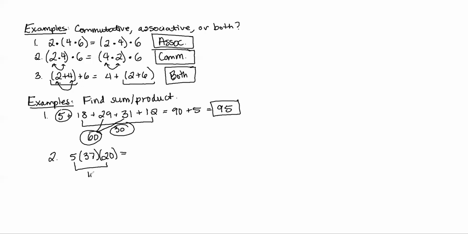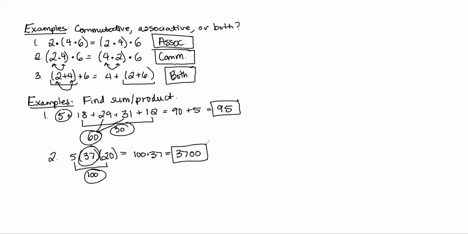That gives us 100. And so now all we have left is 100 times 37. And multiplying by 100 is really nice because all we need to do is take the 37 and add 2 zeros. So these properties here, all they really do is make it easier to multiply and add things together.